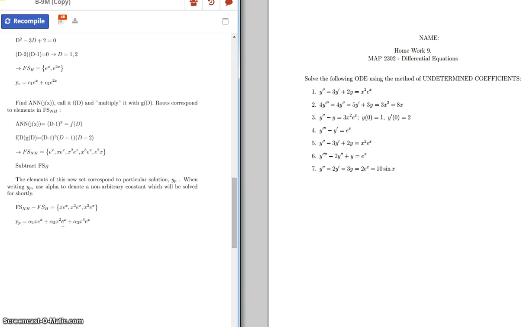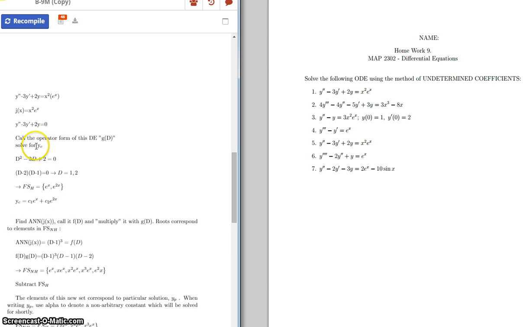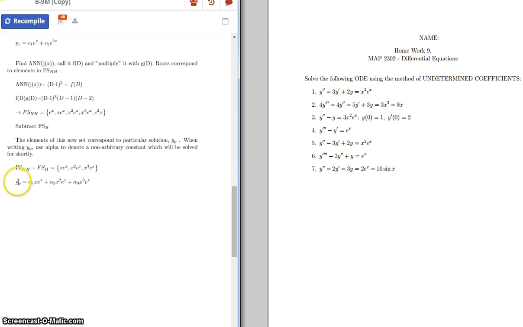They're not arbitrary constants like they are up here in yc. So we have, I'll use alpha sub 1, 2, 3. So yp equals the solution which corresponds to these elements in a fundamental solution set.